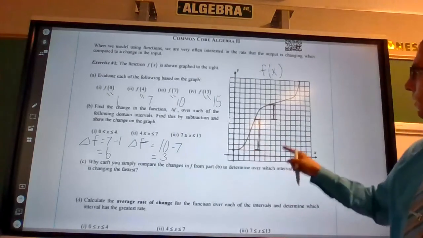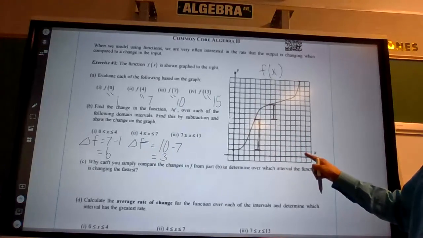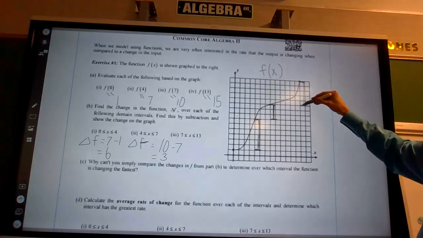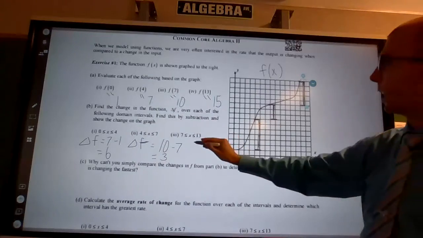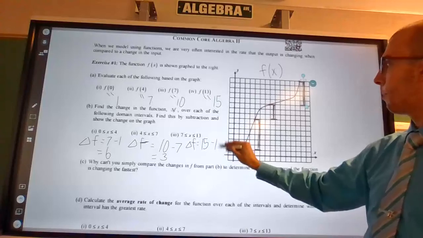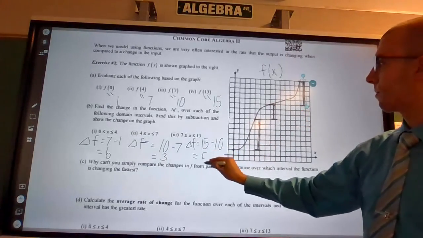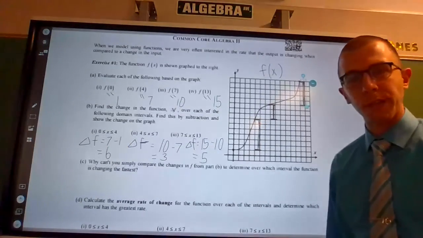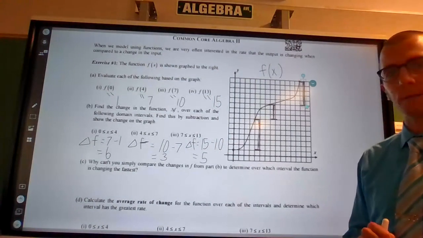All right, and our last interval from x equals 7 to x equals 13. It ended there, started there. So subtract those values. That end value was 15. My change in f is 15 minus where that function started at, 10, which equals 5. So the change in the function that first interval was 6. Second interval, it was 3. Third interval, it was 5.